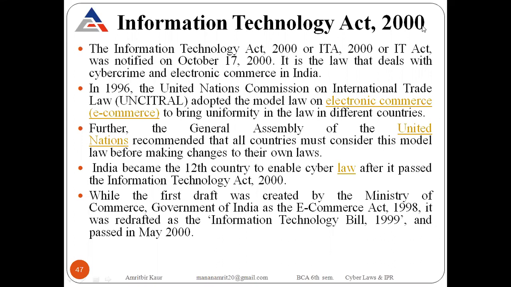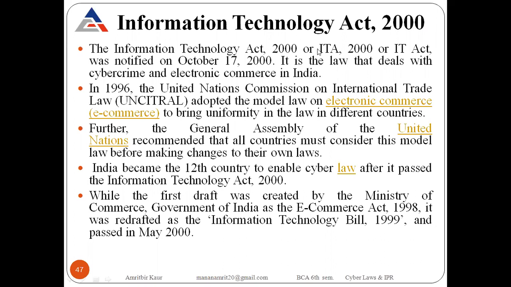In 1996, the United Nations Commission on International Trade Law adopted the model law on electronic commerce to bring uniformity in law in different countries. Further, the General Assembly of the United Nations recommended that all countries must consider this model law before making changes to their own laws.